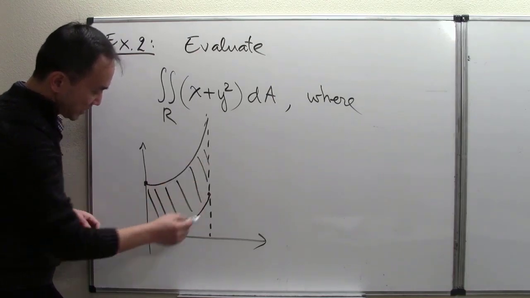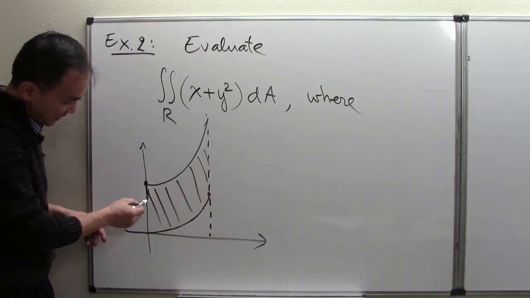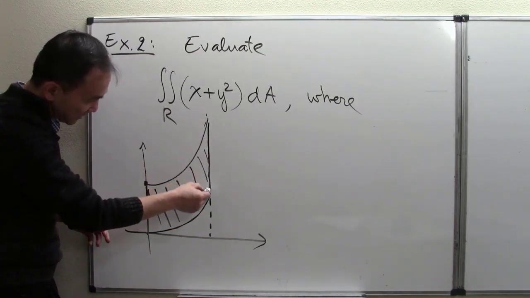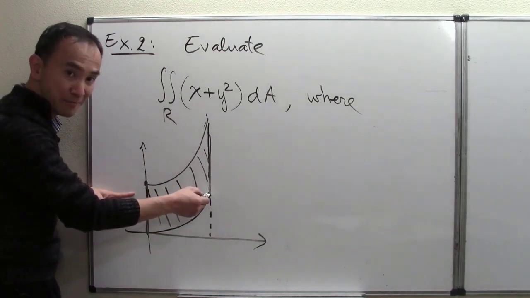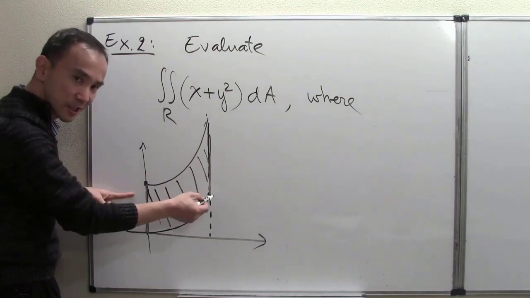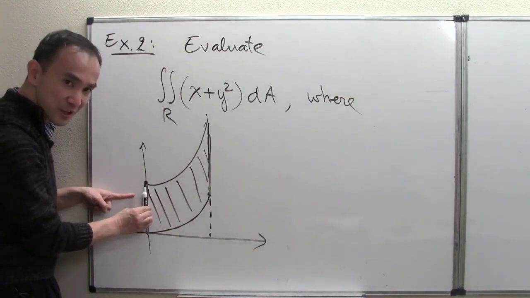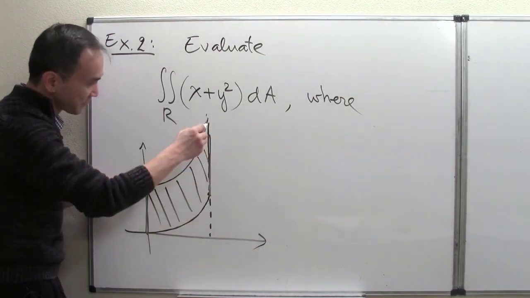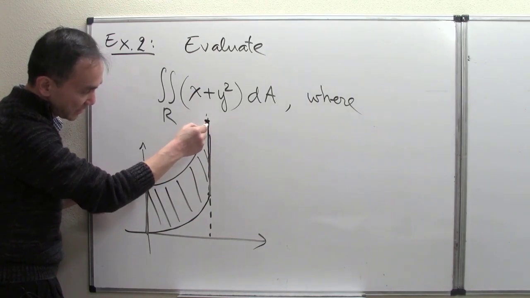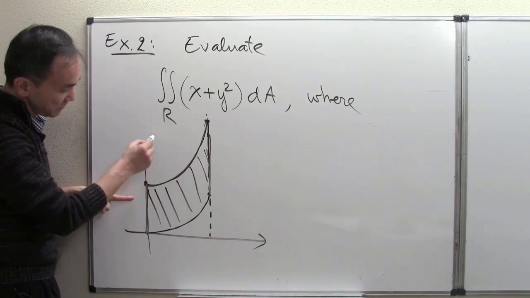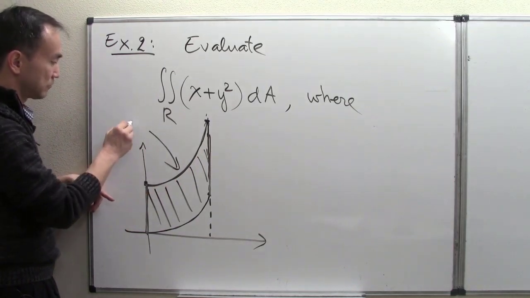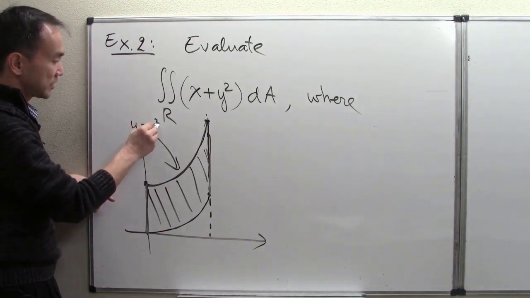So this time you can see that the general region, as far as a vertical stripe, has a clear start and a clear hard stop. Meaning we have a clear vertical line at the start and a clear vertical line at the ending. And the upper curve here is y equals x cubed plus 1.